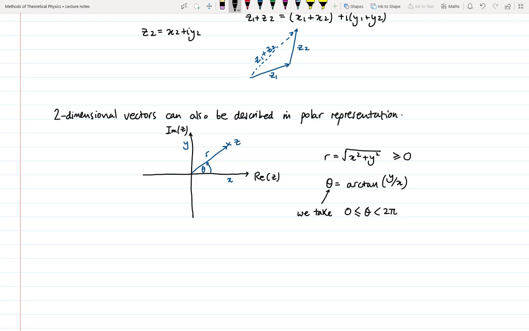And we call this range the principal values for angles in the complex plane. And as I mentioned, we're going to revisit this later in topic 4.